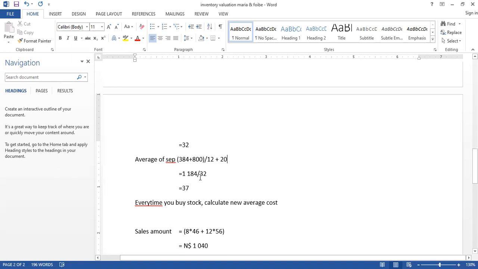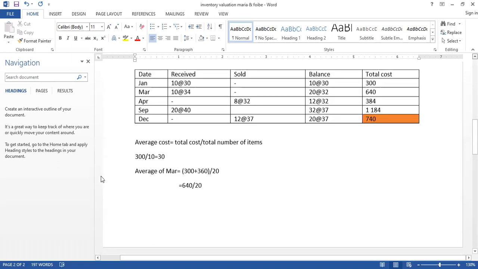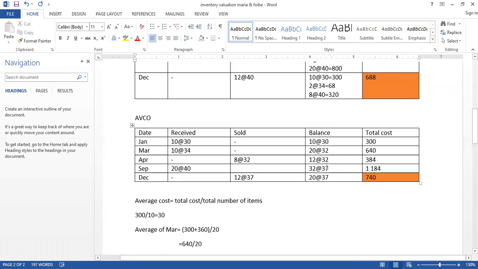So together you have 32 units, ne? Yes. So 1,184 divided by 32 units will give you 37. So 37 is your new average cost, and that is the average cost that you'll be using.